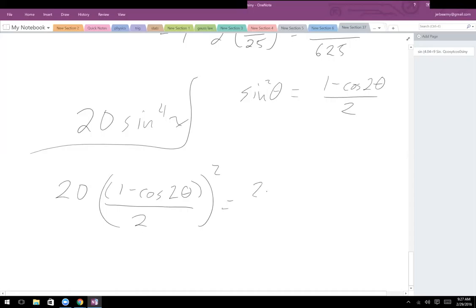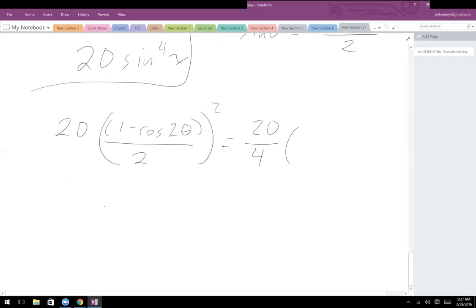So I've got 20 over 2 becomes over 4 when I square it. What's 1 minus cosine 2 theta if I square it? This is algebra, not trig. Okay, let's do that. So 1 minus cosine 2 theta times 1 minus cosine 2 theta.